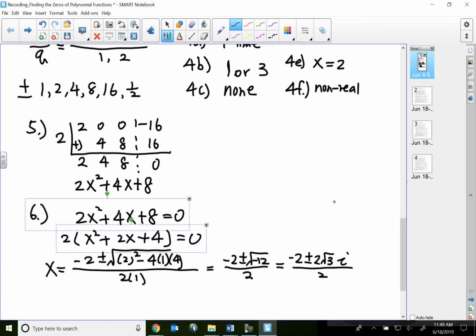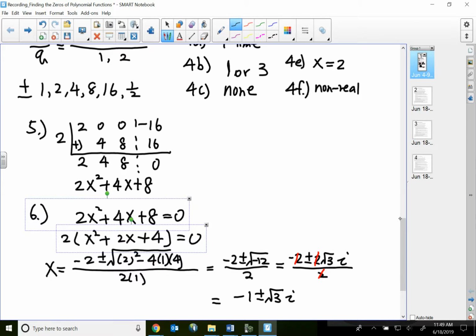When all 3 numbers on the outside can be reduced, I will reduce them by 2. So my final answer is going to be negative 1 plus or minus square root of 3 i. All right, so the other 2 zeros are negative 1 plus or minus square root of 3 i.